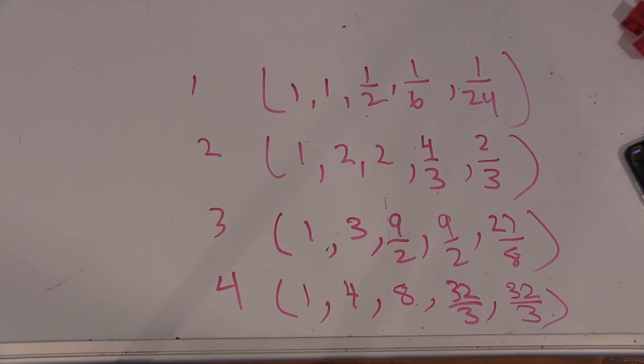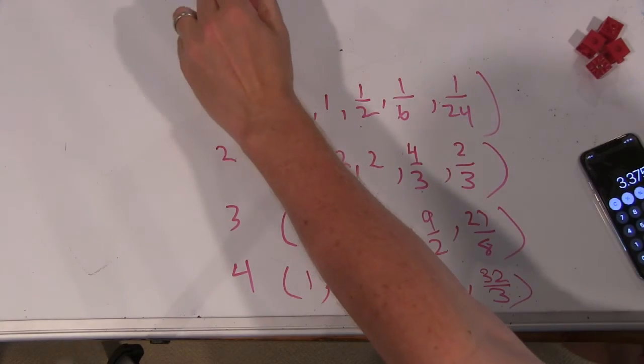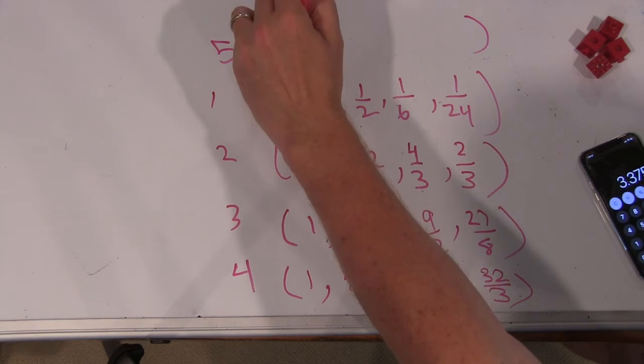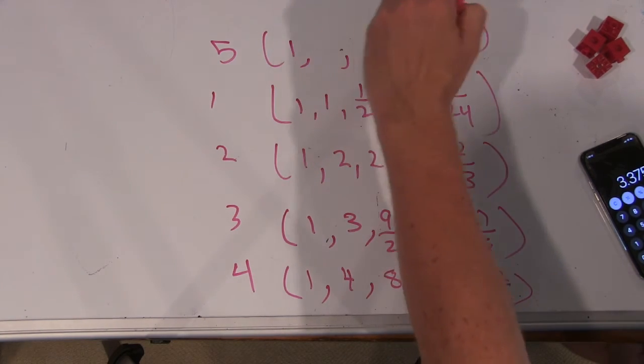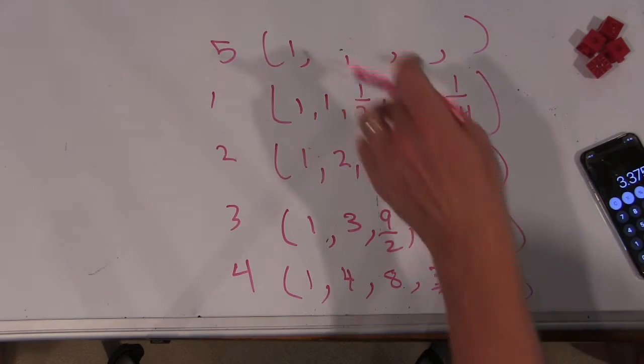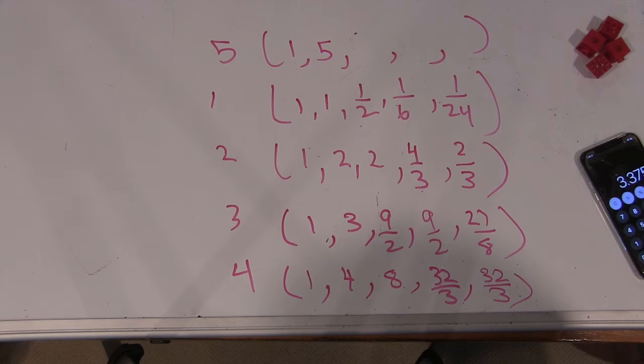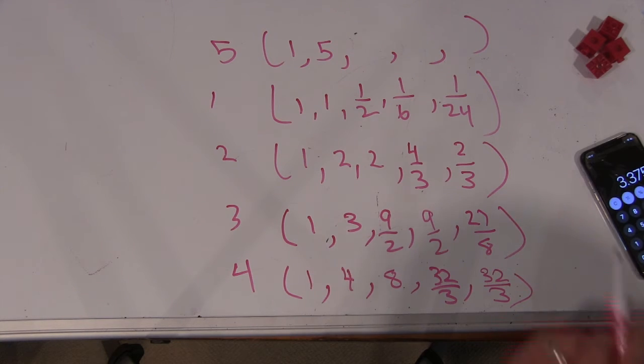Yeah. So I guess I'll just zoom out a little bit. So if we're going to fill in the 5 one, what do you think it would look like if we represented the first number by 1? So you go from 1 to the next one, you divide by 1, multiply by 5. Okay. So go to 5, divide by 2, multiply by 5, get to 25 halves.